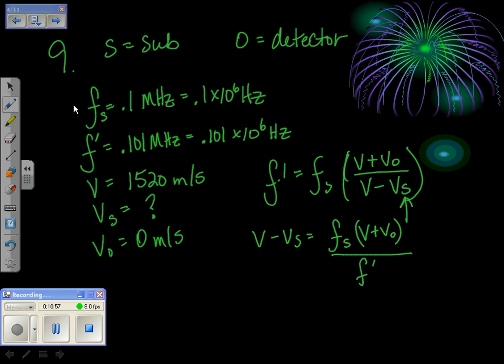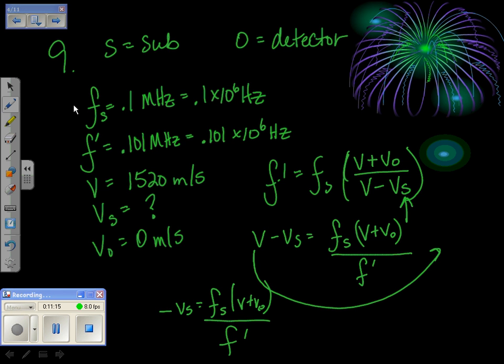Then I have to move this over here, so I end up with a negative Vs equals F sub S times V plus V naught divided by F prime minus V. Well, I can't have a negative variable that I'm solving for, so I need to multiply everything times a negative 1.